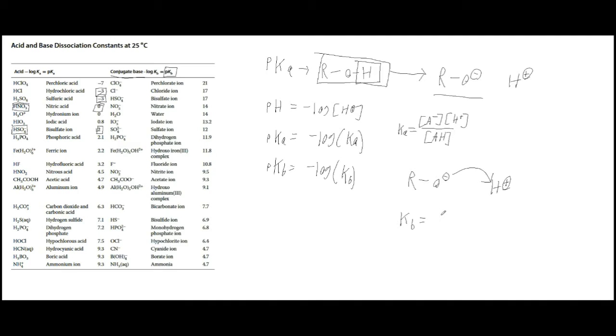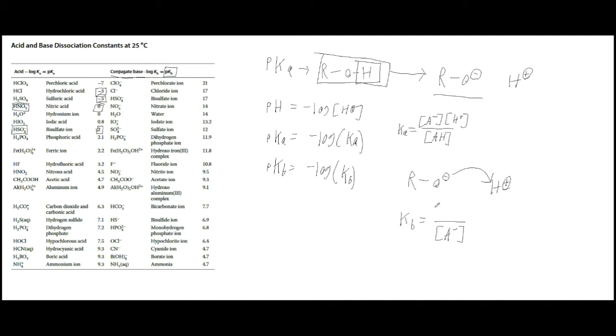where the Kb is our detached molecule here, or ion, which is called the conjugate base. So that's the conjugate base. It's conjugate to the acid. And then we have that.